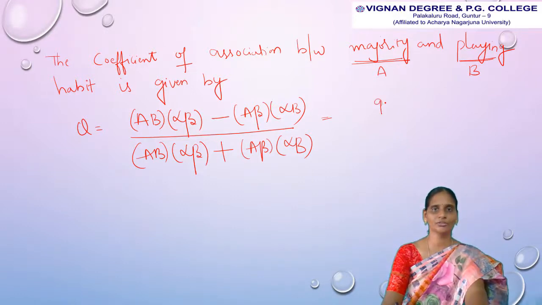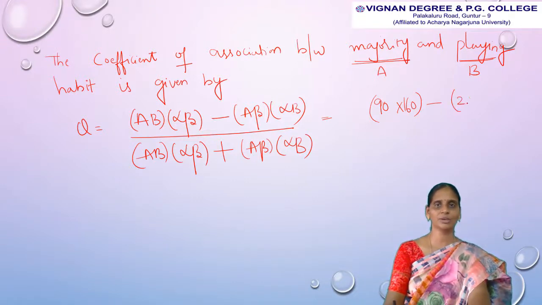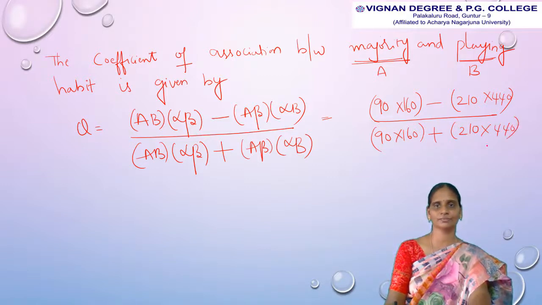So frequency of AB is 90 into 160 minus frequency of A beta is 210, frequency of alpha B is 440, divided by 90 into 160 plus 210 into 440.